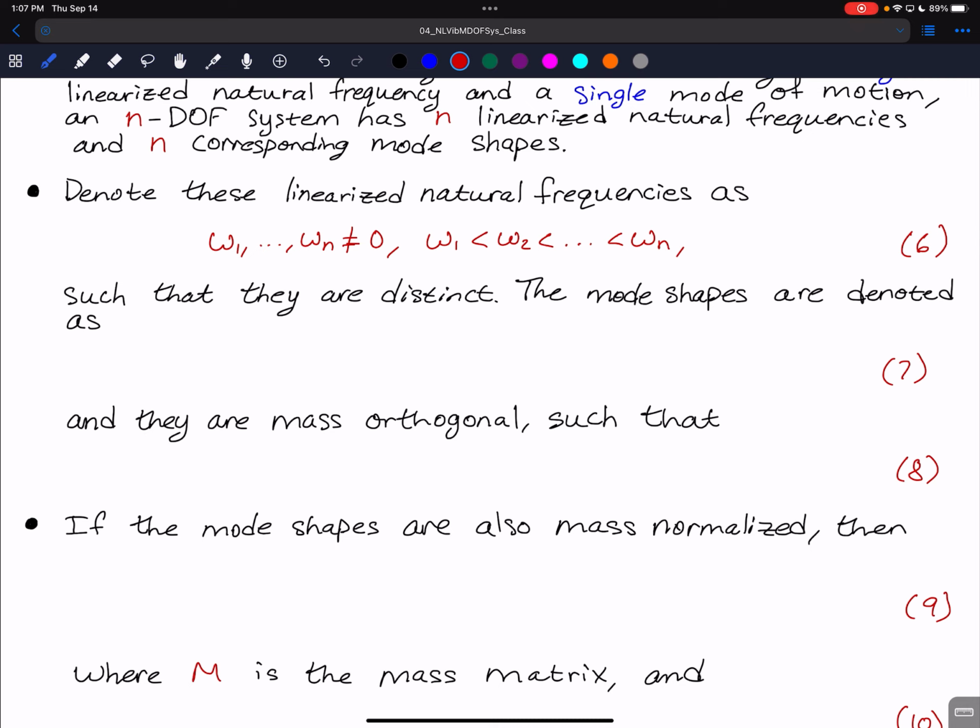Okay, we're going to denote the mode shapes here as phi 1 for the first mode shape, phi 2 for the second, and so on all the way up to phi n.